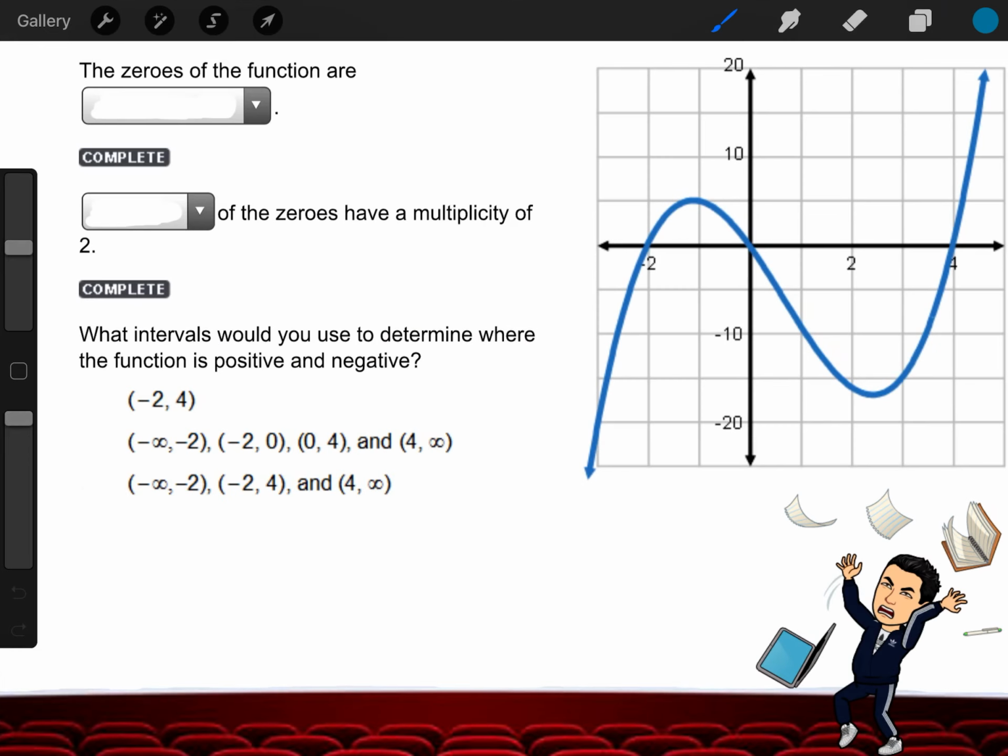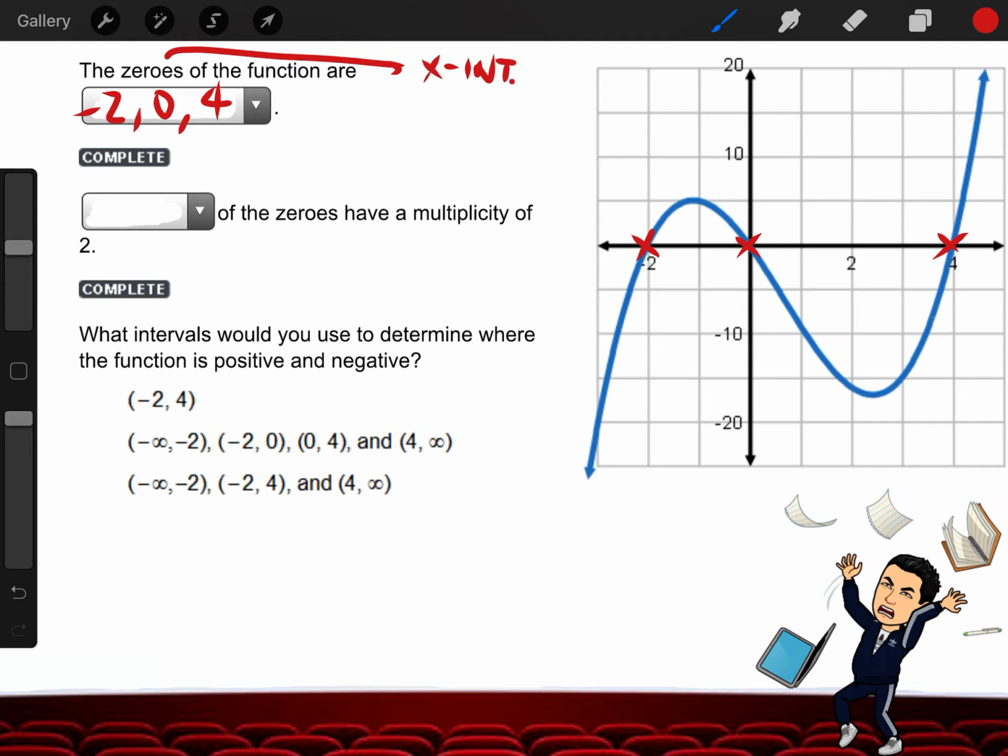All right, so let's look at the next one. The zeros of the function, let me put x's on them. These are all the x-intercepts. The zero is basically saying x-intercept. So we got negative 2, we got 0, we got 4. Which one has a multiplicity of 2?